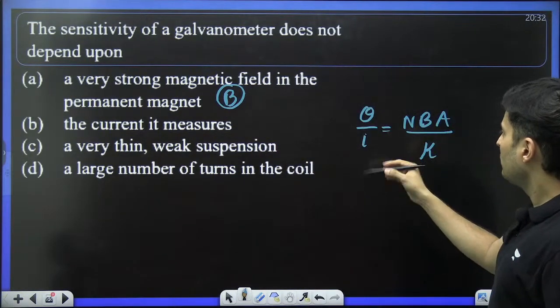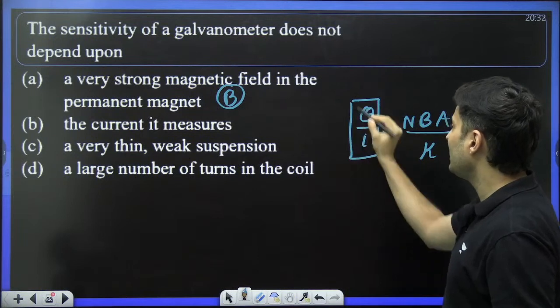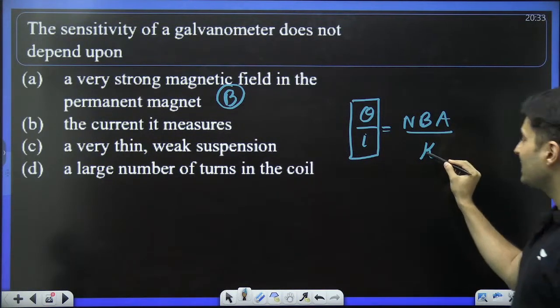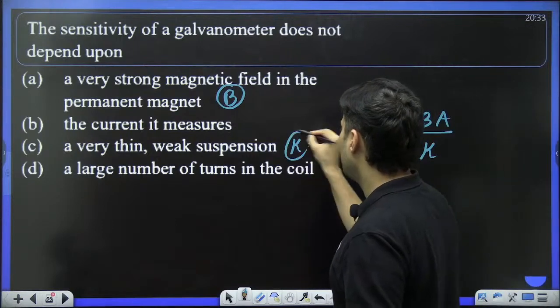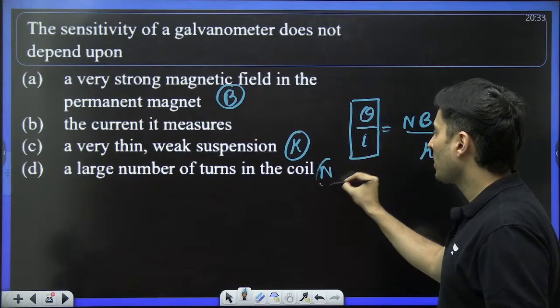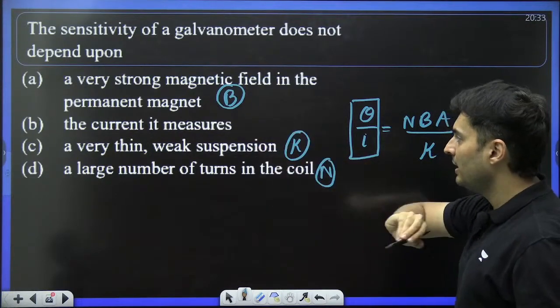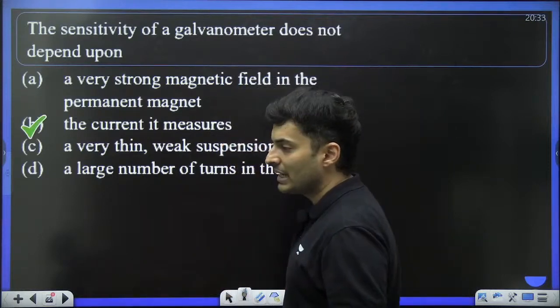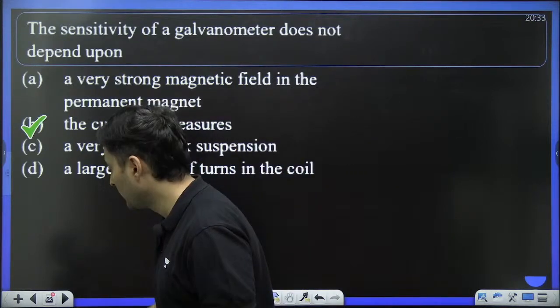Current, no, because theta by I is the sensitivity. Weak suspension means the torsional constant K. Large number of turns means N. So it depends on A, C and D, but not on current. Hence the answer should be B. Yes, it is B.